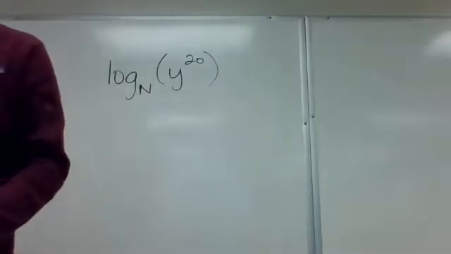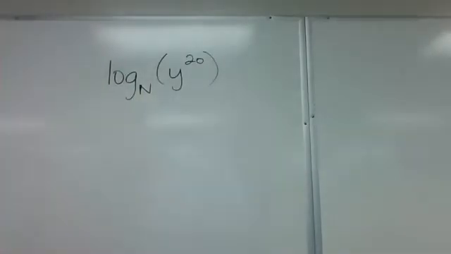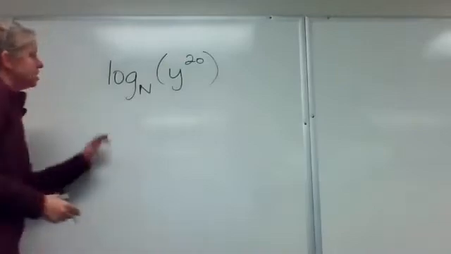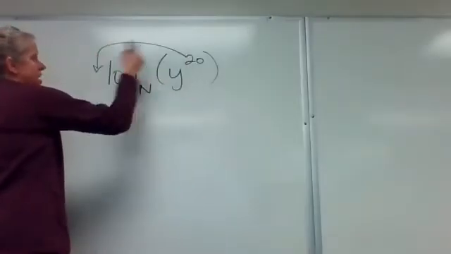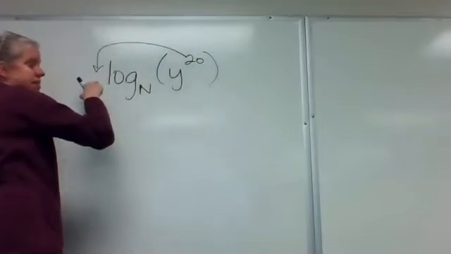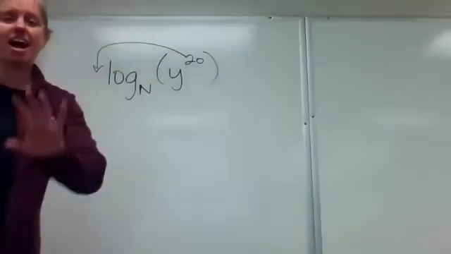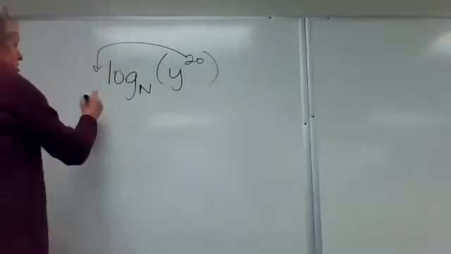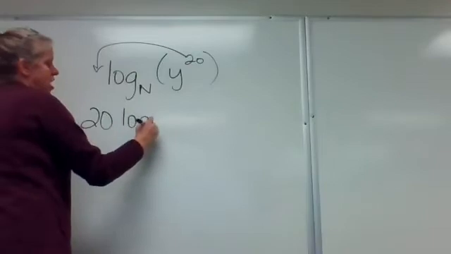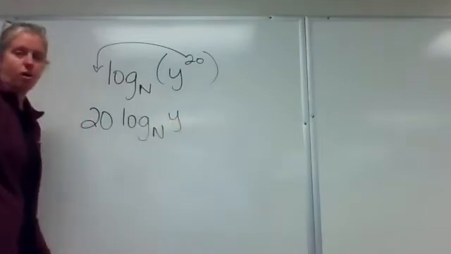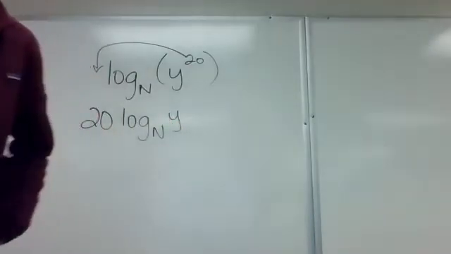Okay, we're actually going to use this one a lot in 9.6 when we're solving equations. Okay, this log can be rewritten as the product using the 20 to come down right here and be times that logarithm. So we'll have 20 from the exponent coming down, log base n of y. Okay, so that's another property.